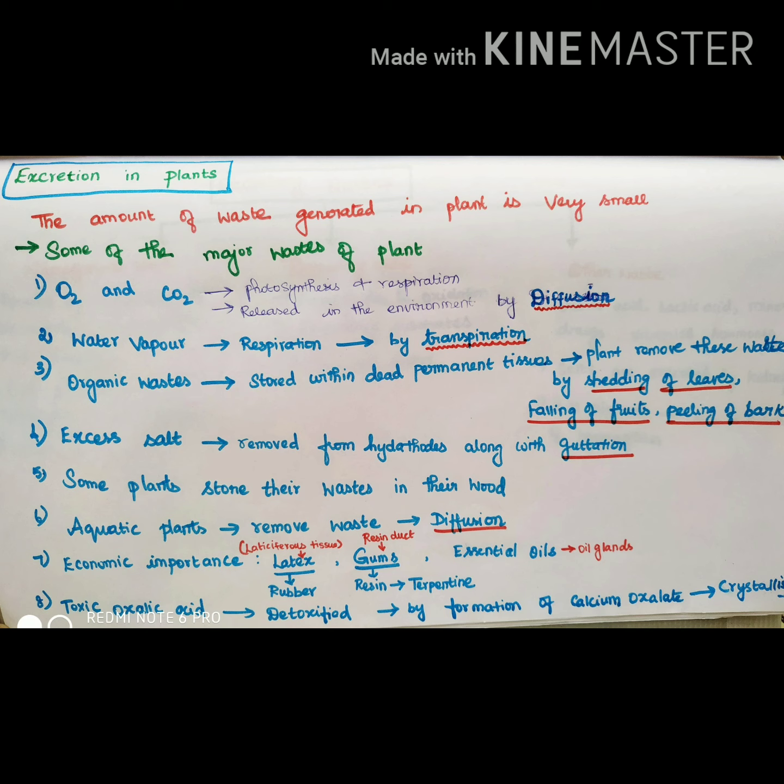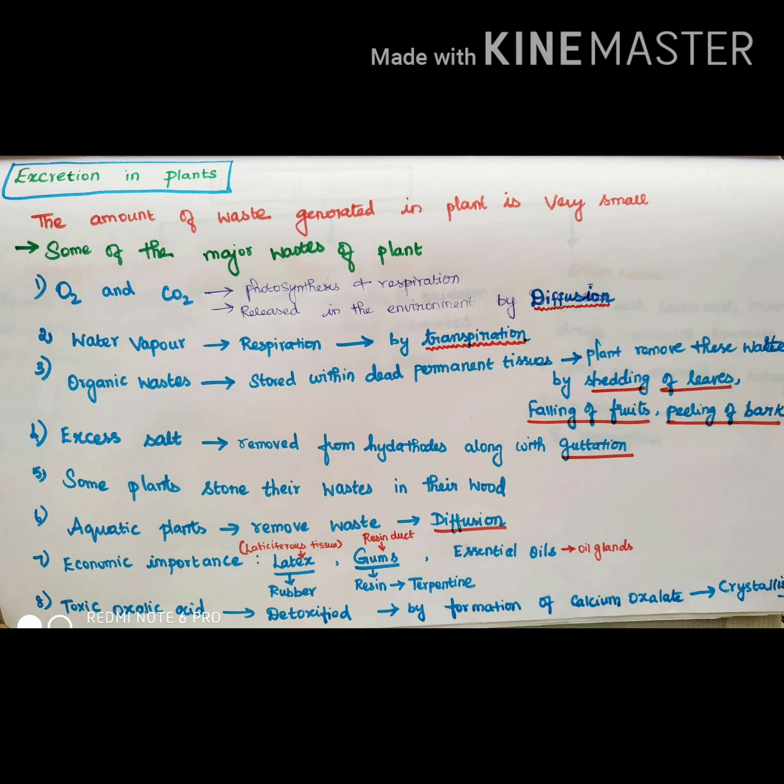Some essential oils are also released by the plant as waste, and they are stored in the various oil glands of the plants. So among the various wastes, these three are considered of economic importance. Why? Because they are used for various purposes: latex for the production of rubber, gums for the production of turpentine, and various essential oils are also produced.